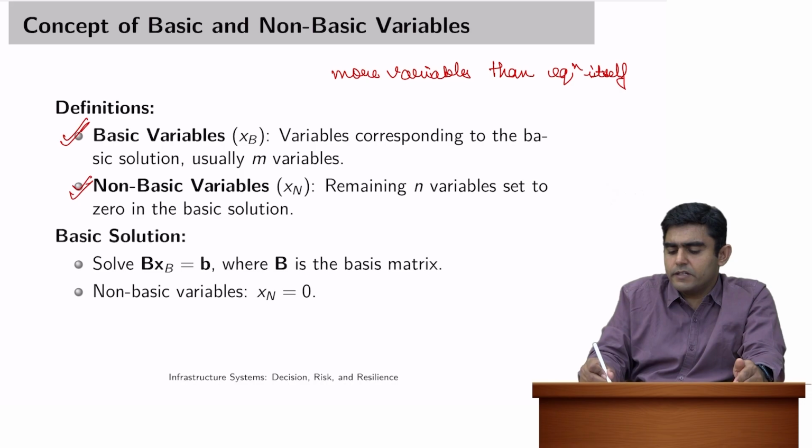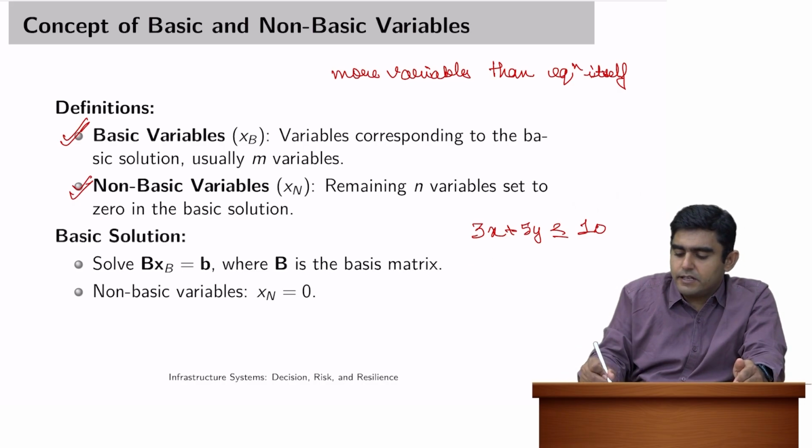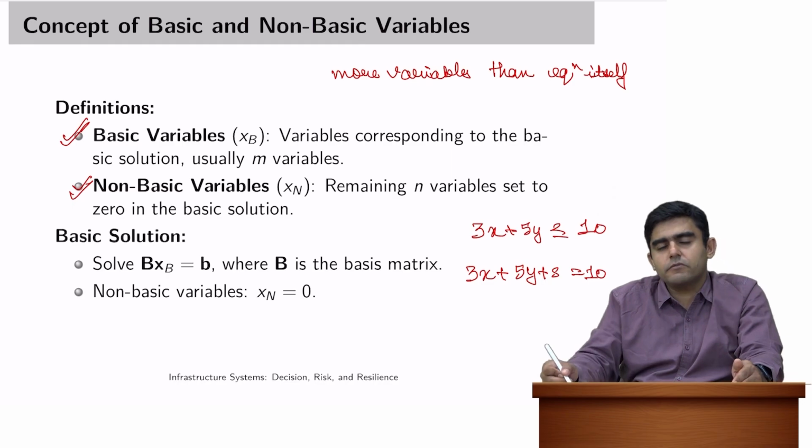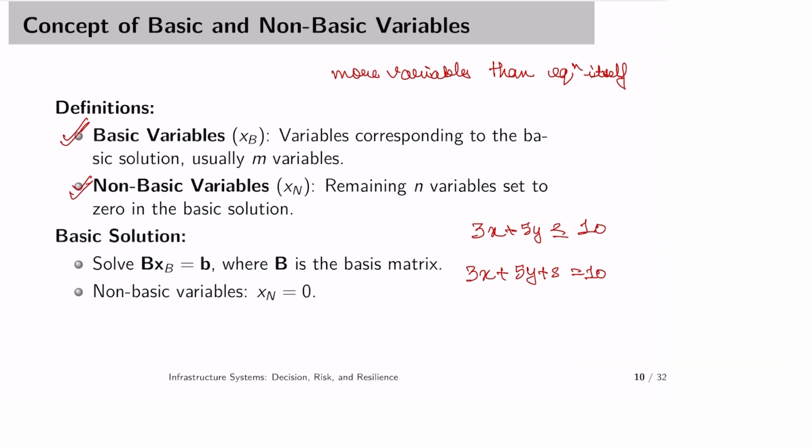I'll give you another very simple example because this is something that confuses students a lot. Let us say that I have one equation, 3x plus 5y less than or equal to 10. I say convert it to standard form. You say, okay, I can say plus s equal to 10. Now you have only one equation, but three variables, x, y, and s. You can say that I can never solve this particular equation because I only have one equation and three variables.